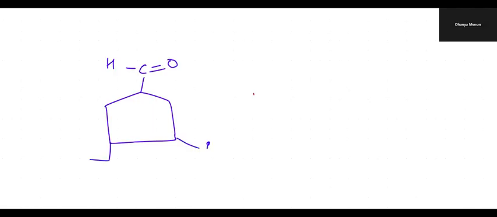Similarly, if I have this question, this is bromo, this is CH2, CH3. So this is C2H5 group, right?